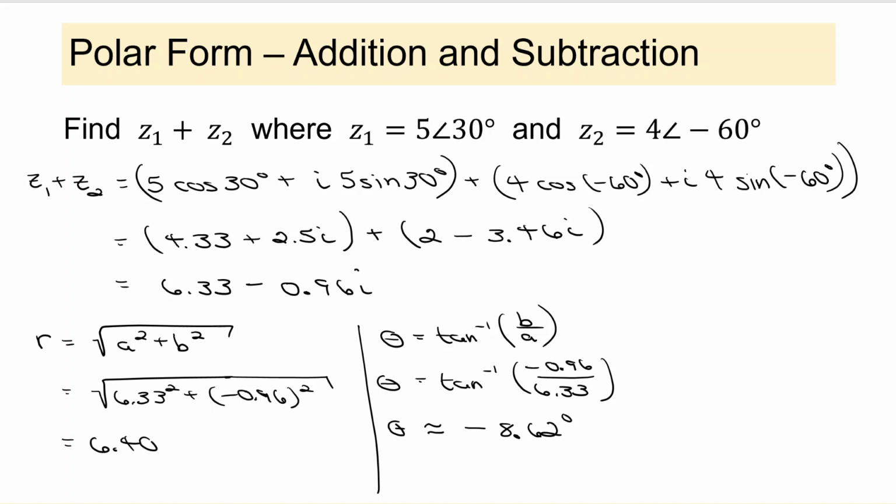So let's think a minute. Does that actually make sense for our theta? I'm going to do a little quick and dirty sketch here. So if Z1 is 5 angle 30, so angle 30 degrees, magnitude of 5, I'm going to say that looks pretty good.